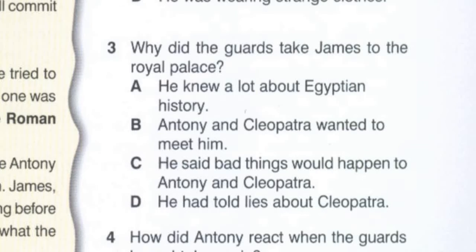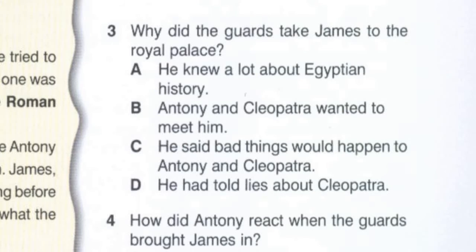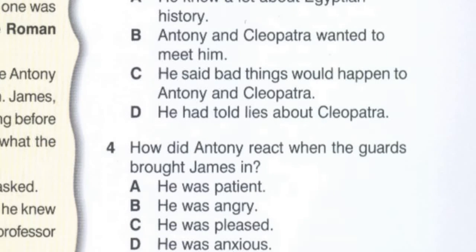Or D. He had told lies about Cleopatra. A, B, C, or D? Number C. Well done. He said bad things would happen to Antony and Cleopatra.